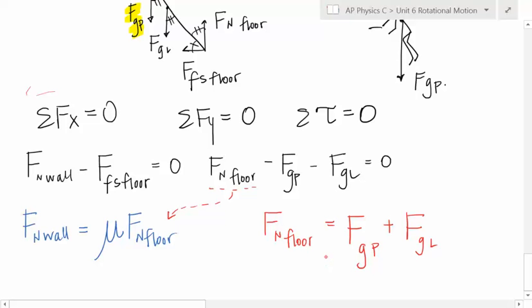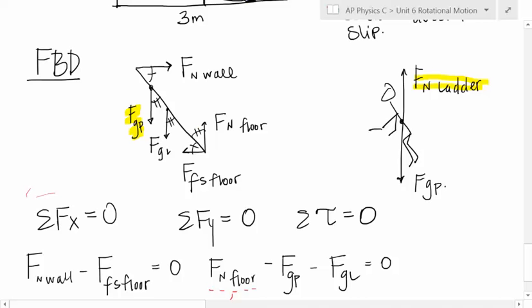Okay, so it looks like we're really close to having the coefficient of friction because this is a number I can calculate. I just need the normal force from the wall. So this is where we have to sum the torques. And I made a big deal about that because where you put the pivot point matters.